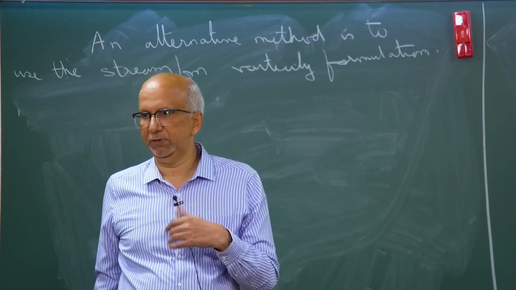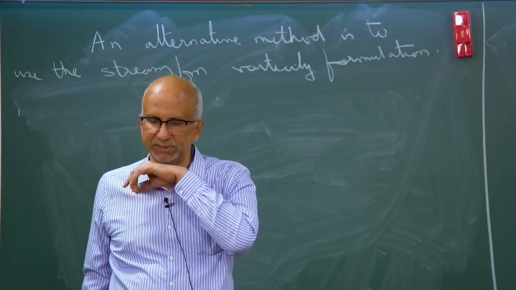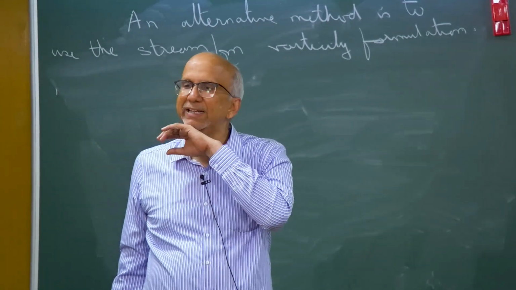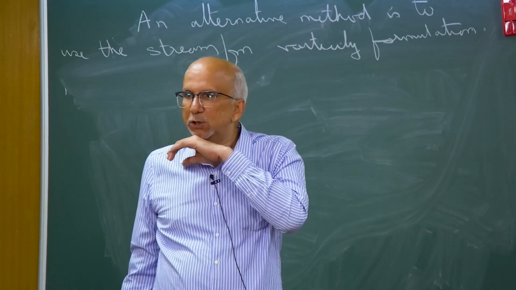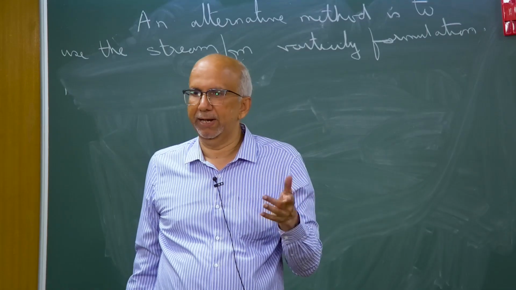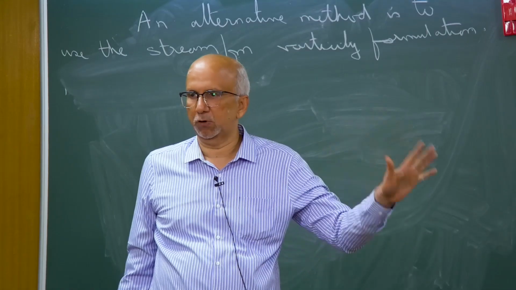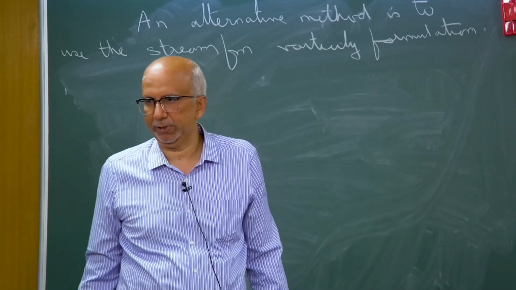First of all, what is a stream function and vorticity, and then we can derive the equations. The idea is what you do in this approach is you do some manipulation and eliminate the pressure which is occurring in the Navier-Stokes equation.